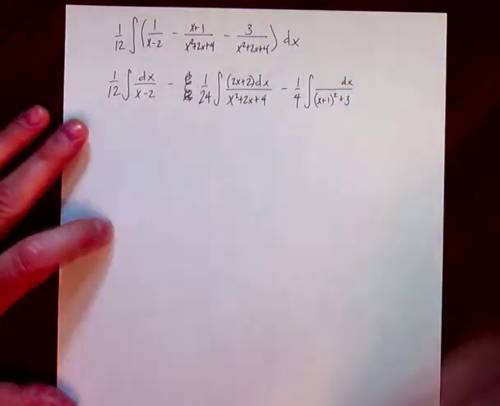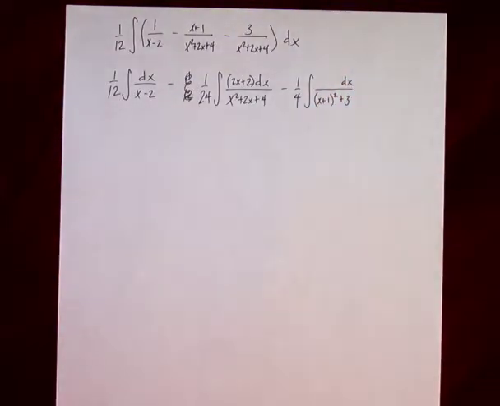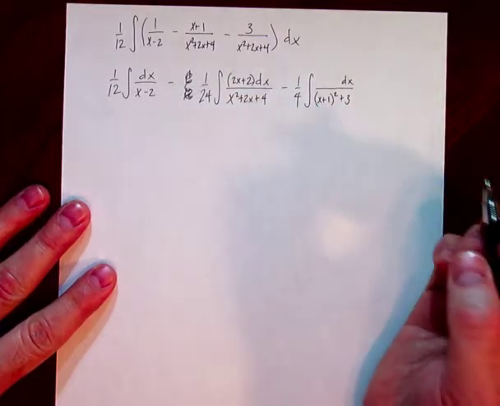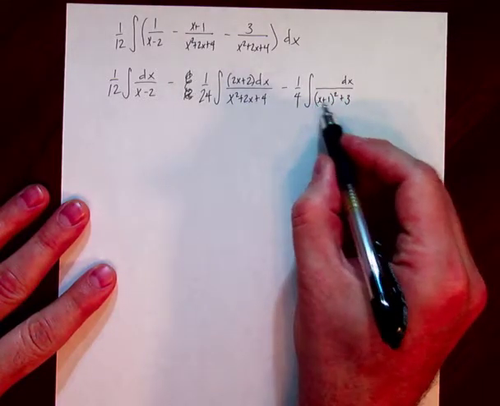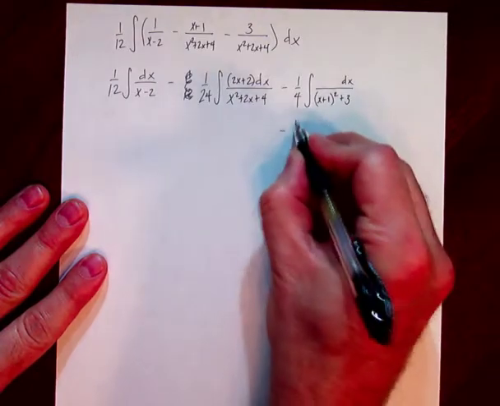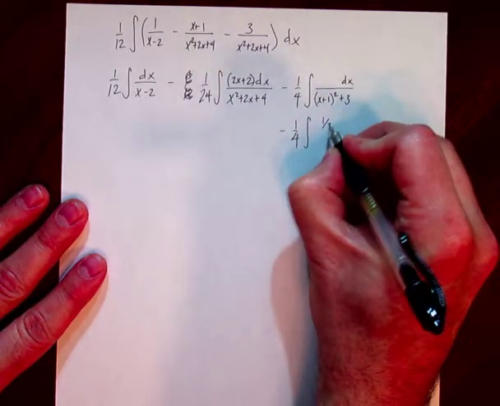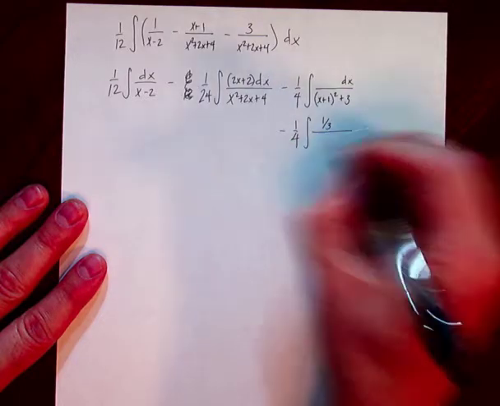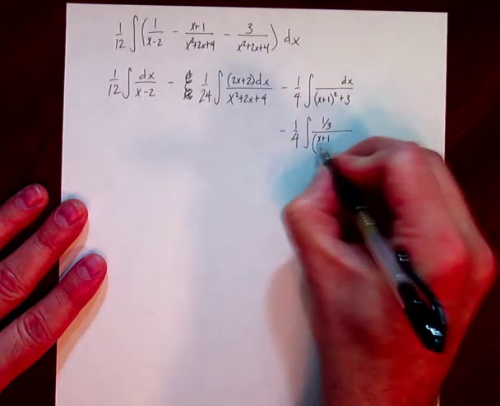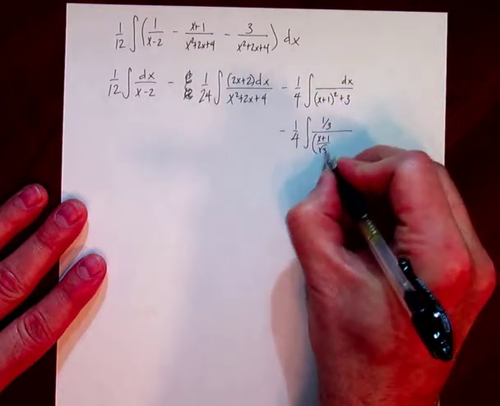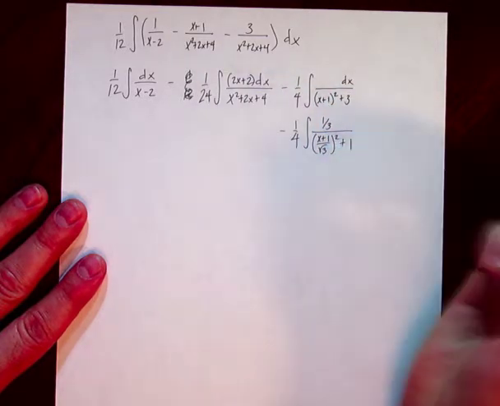And then, just like we've done in the past, we're going to divide through by this number, like factor that out of the denominator. So basically, if I factor that out of the denominator, I'm going to get 1/3. So we'll pop a 1/3 up here, and we've done this enough times to where it's x plus 1 squared over 3, or x plus 1 over root 3 squared plus 1.